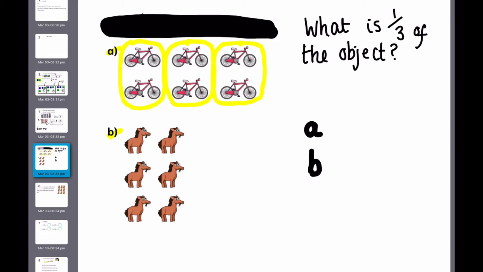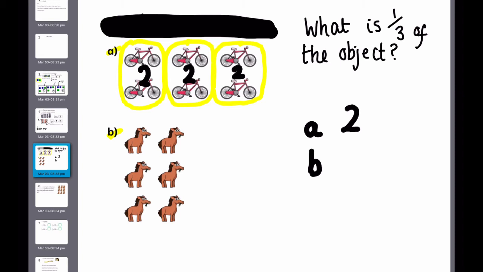Are those groups equal, Year 2? Yes, they are. How do we know they are equal? Fantastic, because they have the same number of objects in each. 2, 2, and 2. So the answer for A is 2. A third of the objects is 2.